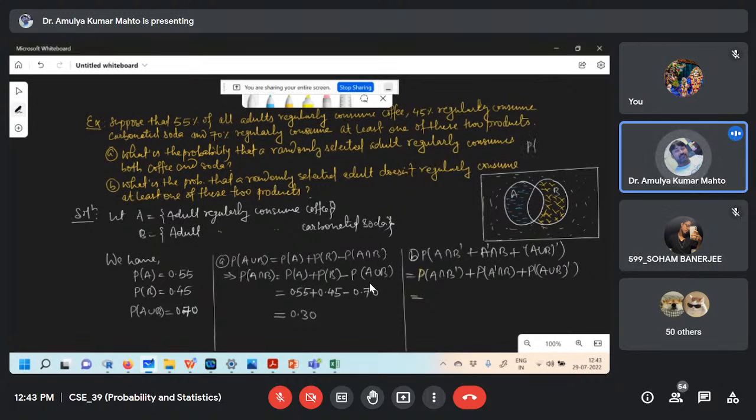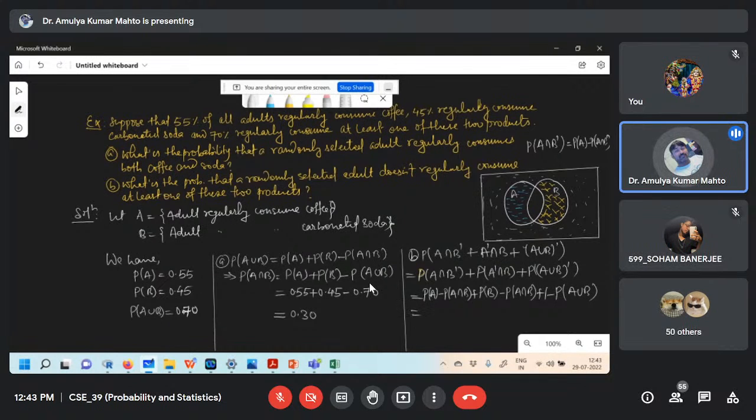So probability of A intersection B dash is nothing but probability of A minus probability of A intersection B. Similarly for B, this is total B minus this intersection part, so probability of B minus probability of A intersection B. Plus you already know that P of A complement equals 1 minus probability of A, so this is 1 minus probability of A union B.